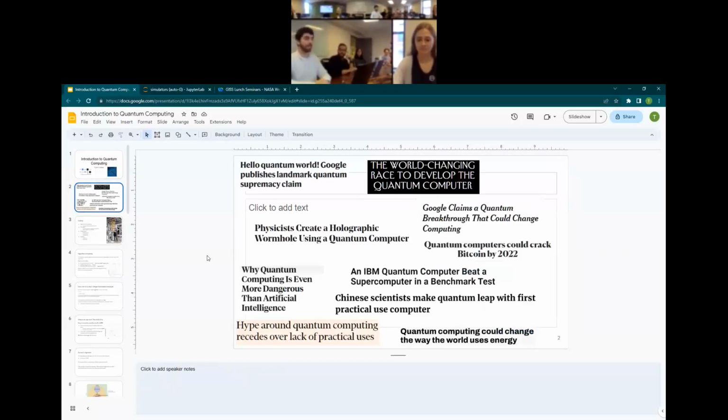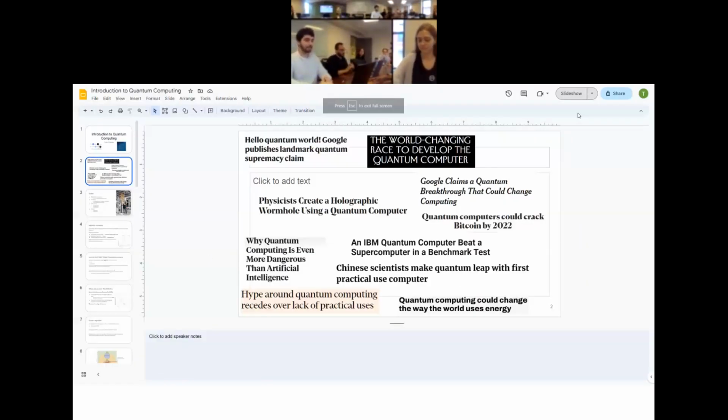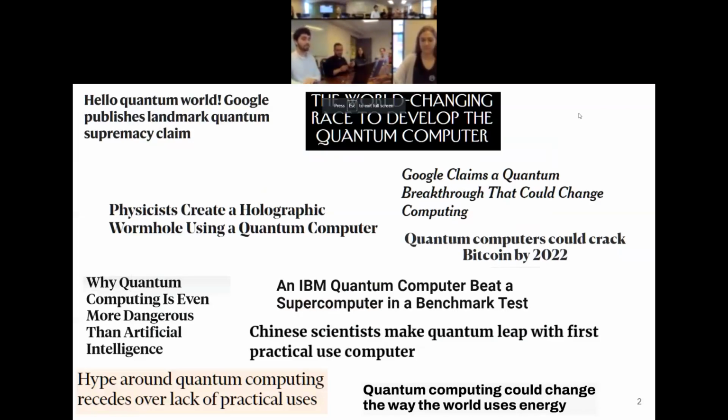Here are some of the headlines I've seen in the last couple of years. There's a lot of hype around quantum computing, so it isn't really clear to a layman what's actually going on. And so during this talk, I just want to give a very broad overview from mostly a software perspective, not so much a hardware one, on how quantum computers work and what they might offer us if ever they are commercially applicable.